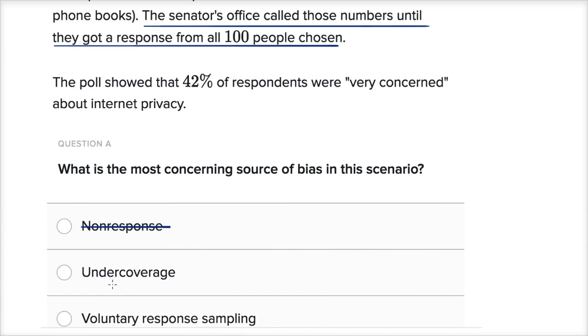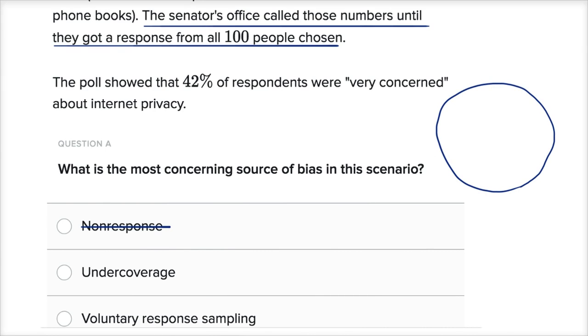All right, next choice, undercoverage. Well, undercoverage is where you're not able to sample from part of the population, and a part of the population that actually might, because you didn't sample it, introduce bias. And let's think about what happened in this situation. We are a senator. We want to sample all of our constituents.